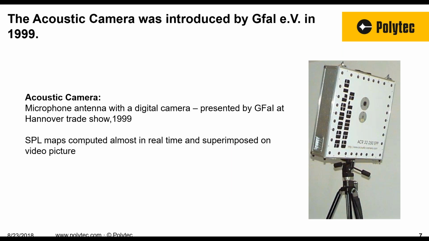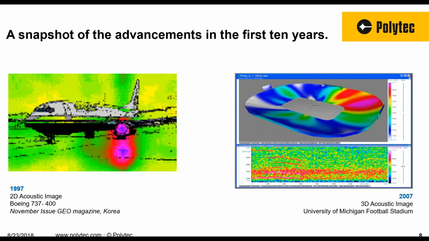The acoustic camera was first introduced by GFAI in 1999. They were working with the DLR in Germany and realized that they had a product that they were able to commercialize. As you can see in these images, the technology has greatly improved over the years due to cameras getting better. On the left, you'll see an image back in 1997, pretty pixelated, blurry.